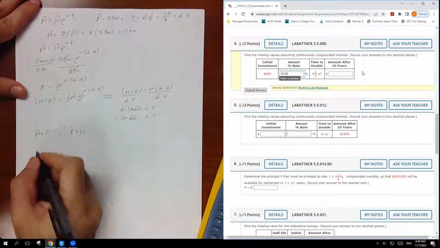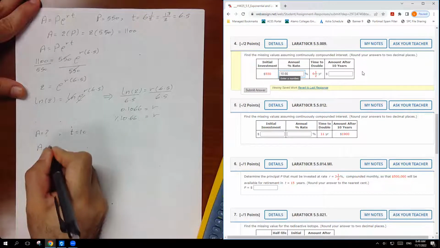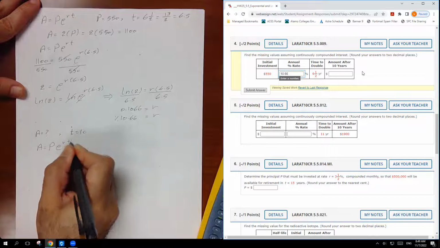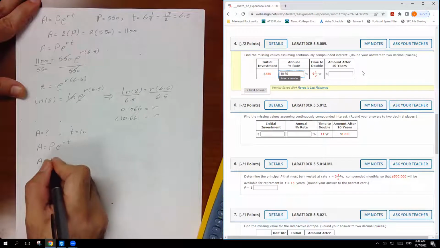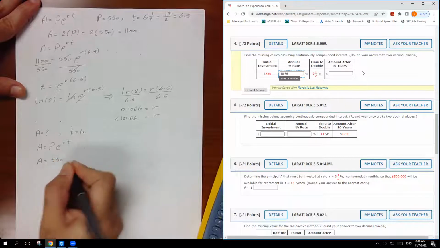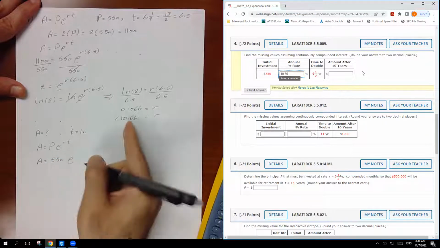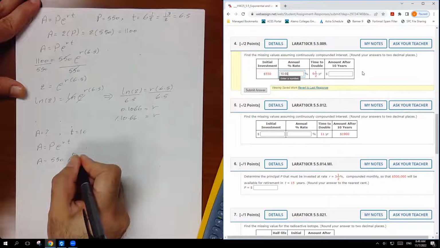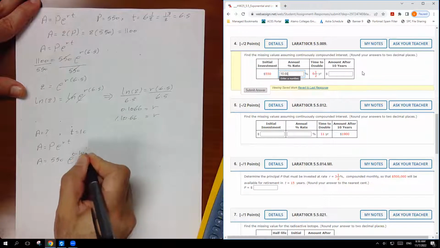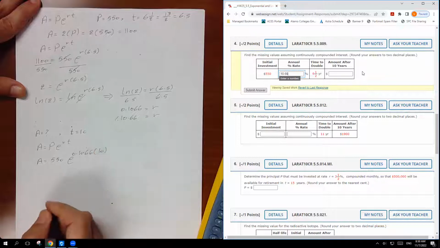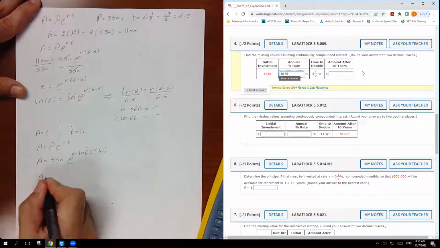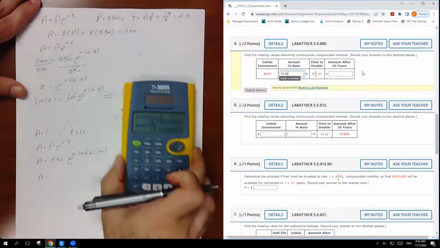So what we're going to do, we're going to say A equals P e to the rt. A equals, the investment is 550, e to the rate, which is 0.1066, times the time, which is t. That means our future is going to be, we're going to plug in everything here.